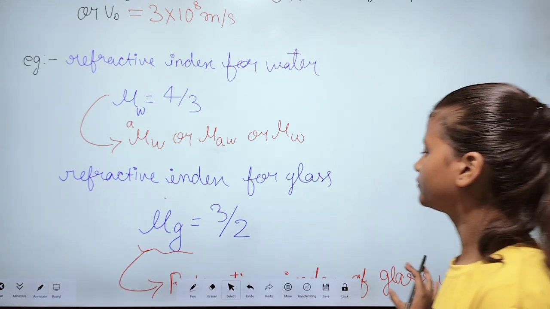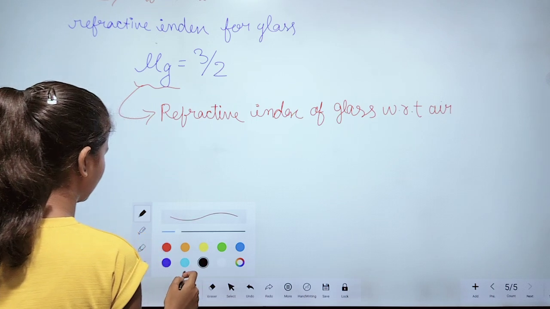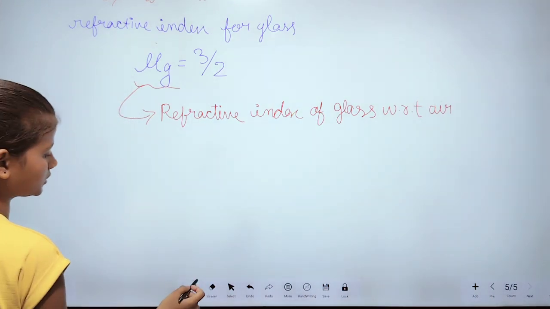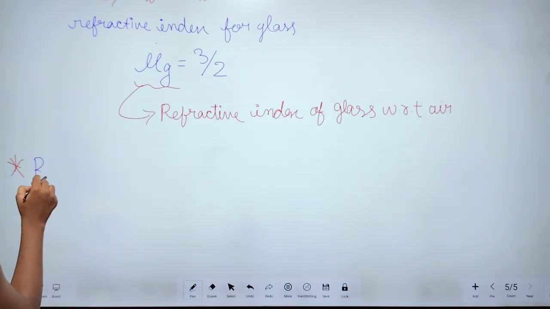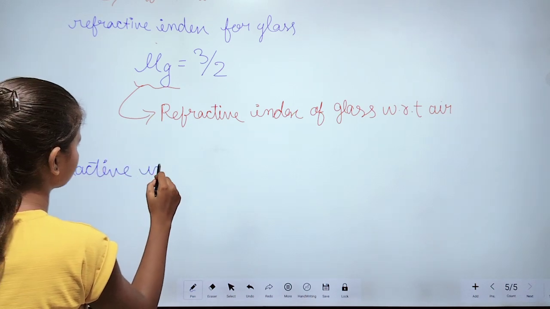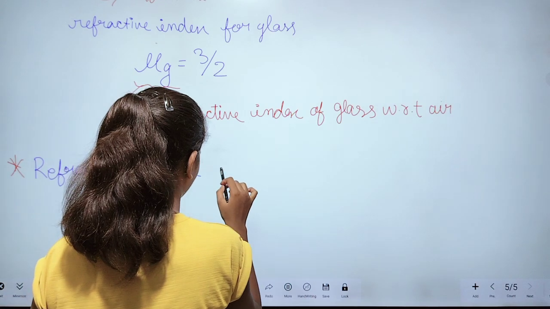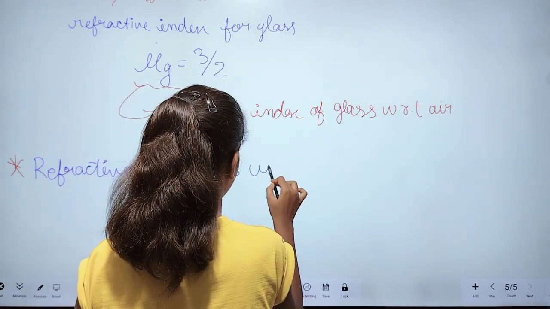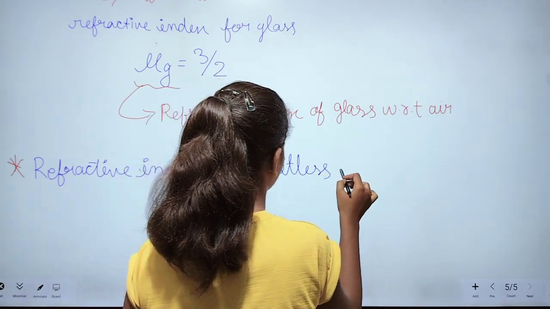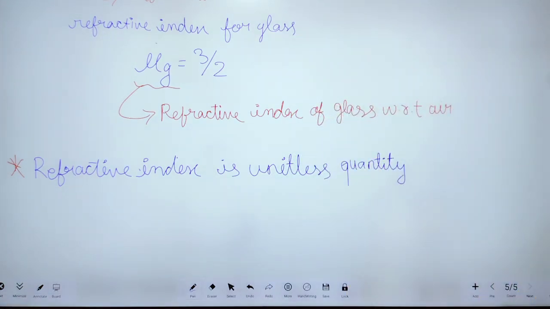Now let's see one point related to this: absolute refractive index, or you can also say refractive index only, is a unitless quantity.